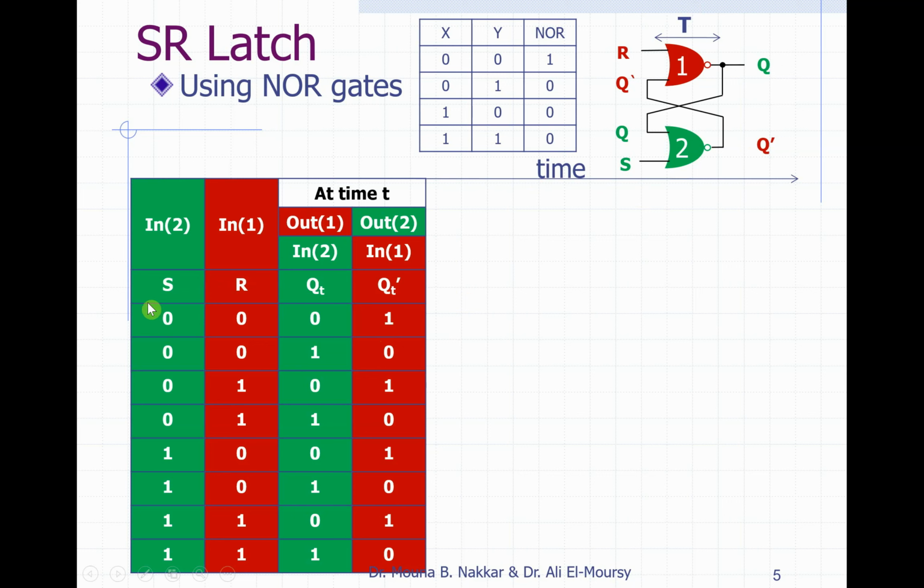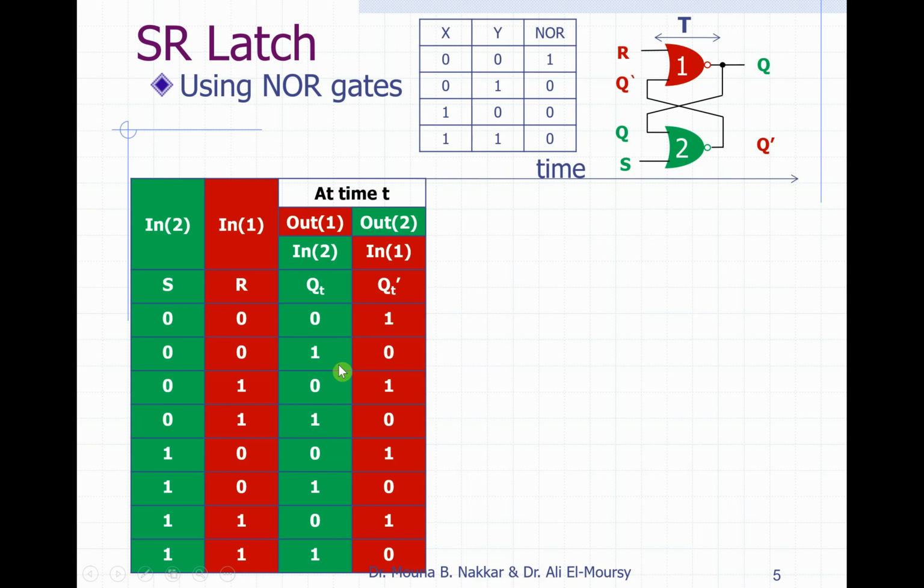The first thing that we can do on the truth table here is to list all possible combinations of the inputs. Since we have 3 inputs, how many rows do we have? We have a total of 8 rows. So for the inputs S, R, and Q we have 0 0 0, 1 0 0, 0 1 0, 1 1 0, 0 0 1, 1 0 1, 0 1 1, and 1 1 1.